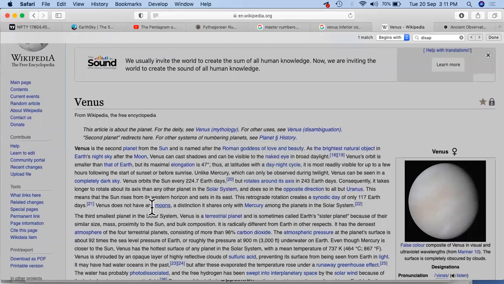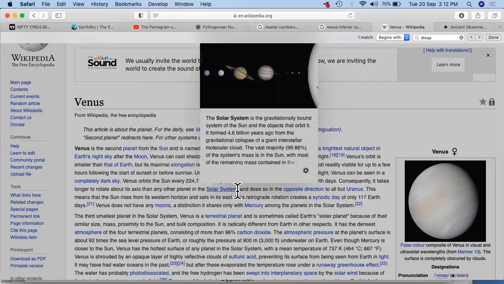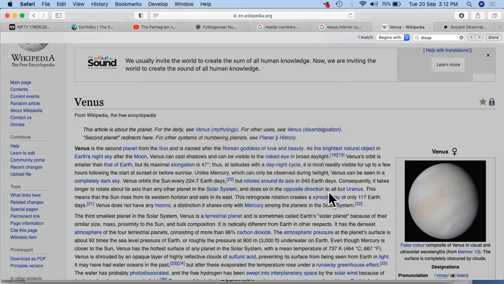The second thing is that, consequently, it takes longer to rotate about its axis than any other planet in the solar system, and does so in the opposite direction to all but Uranus. So it goes in the opposite direction to the usual rotation.